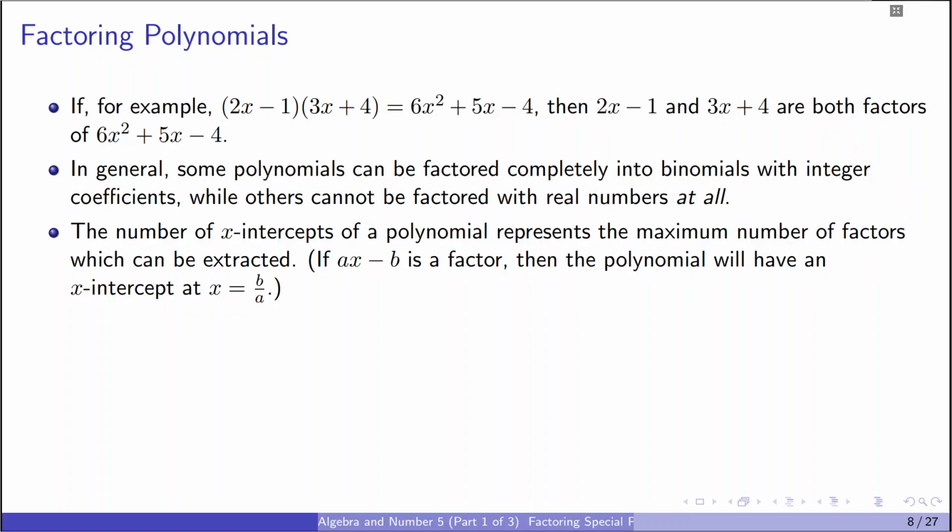So if ax minus b is a factor, then that polynomial will have an x-intercept at x equals b over a. So if we come to our first example here, 2x minus 1 is a factor, so this polynomial will have an x-intercept at x equals 1 over 2. It will also have an x-intercept at x equals negative 4 over 3.